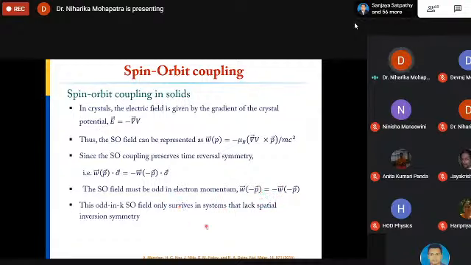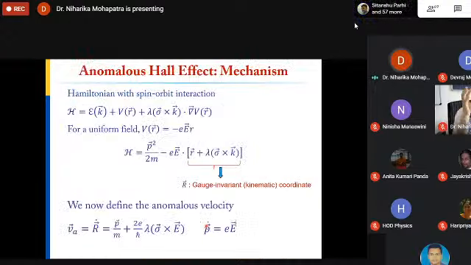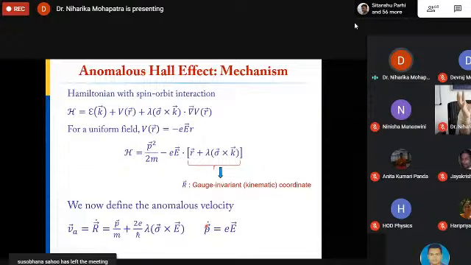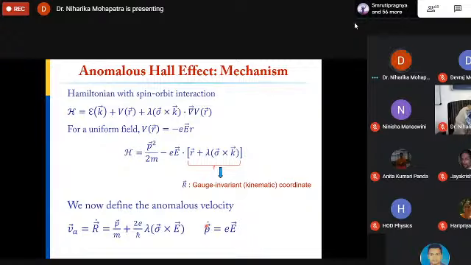So basically this shows that if your crystal lacks a spatial inversion symmetry, then your spin orbit field is odd in K. If you change the momentum, the field changes its direction. And this is the reason why the momentum and spin get locked.